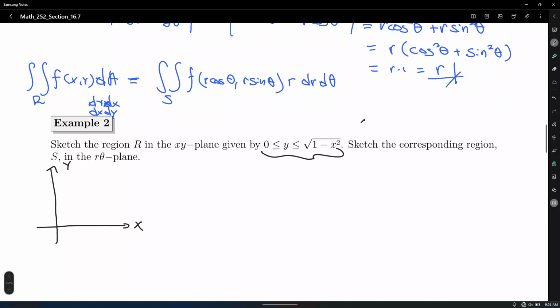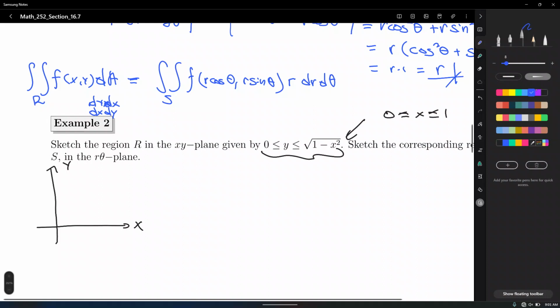Oh, also I needed, yeah, 0 less than or equal to x less than or equal to 1. That's the second piece of information I forgot to type. So which part of the upper semicircle? The left part or the right part? The right part, right? Because it's from 0 to 1, all right?